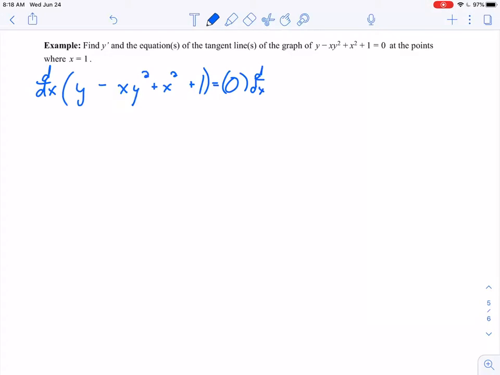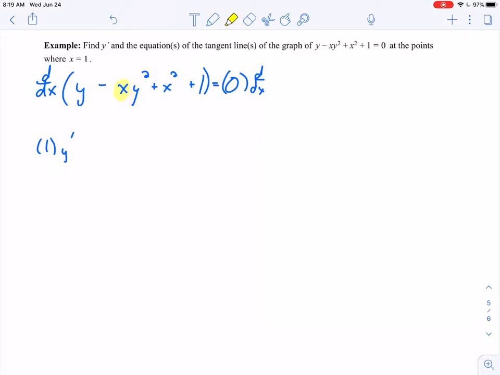Okay, derivative of y with respect to x, we know that's going to be 1 times y prime. Derivative of xy squared. Here we need to be careful for two different reasons. First of all, xy squared, I actually have a function of x, which is just x, times a function of x, which is y squared.